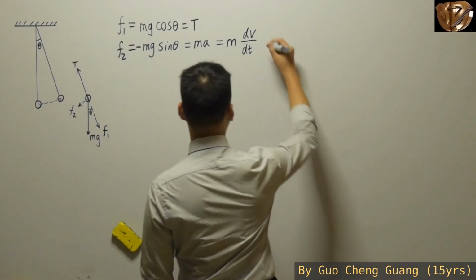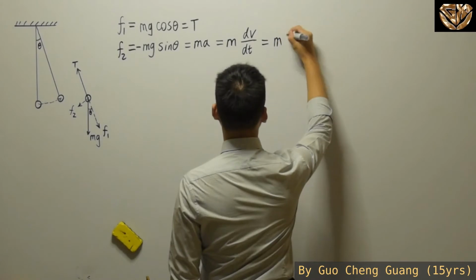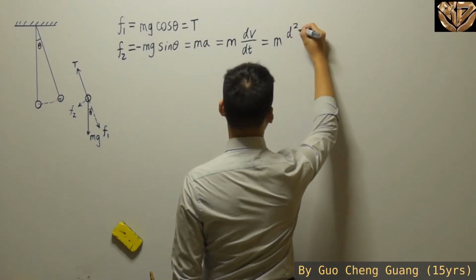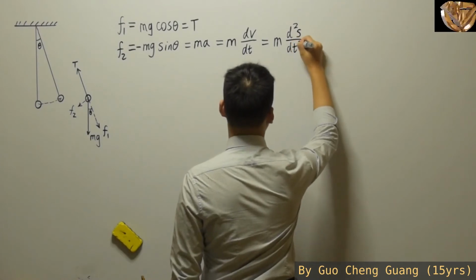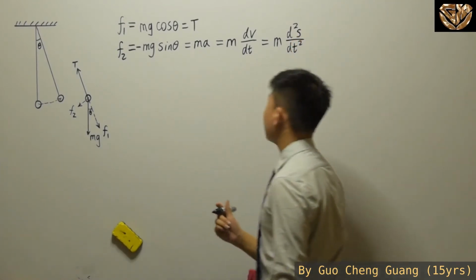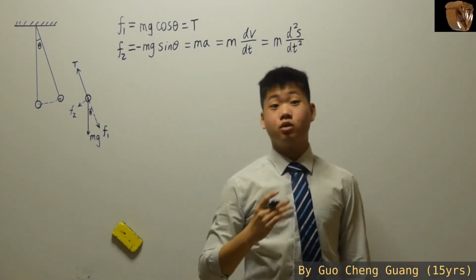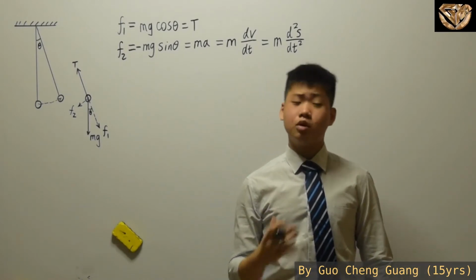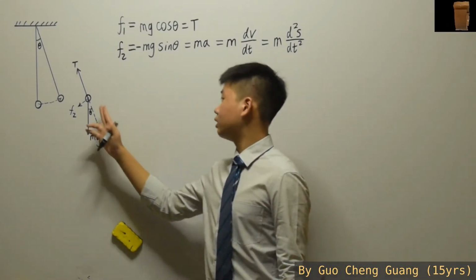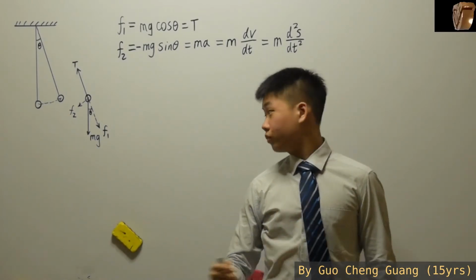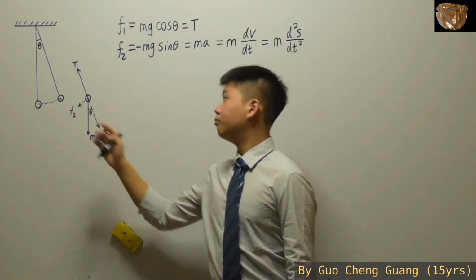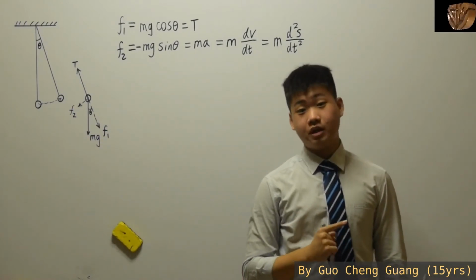How about we change that into a second derivative, a second derivative of this distance with respect to time? But then again, what's so special about this distance, or more specifically, your arc length? Is there any way you can find it?